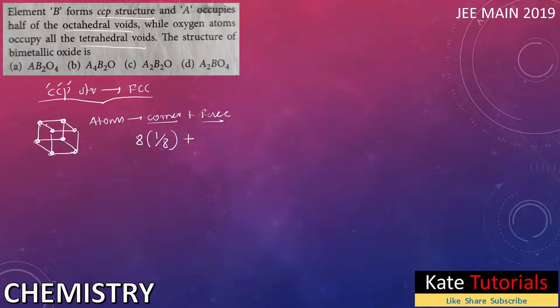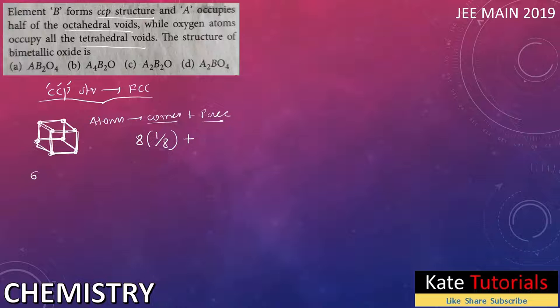Similarly, how many faces will be there in a cube? See, this is one face, this is second face, this is third face, and this is fourth face, right? Above one face, below one face, total 6 faces will be there. You can see your room only. Your room will have 4 walls, 1 2 3 4.